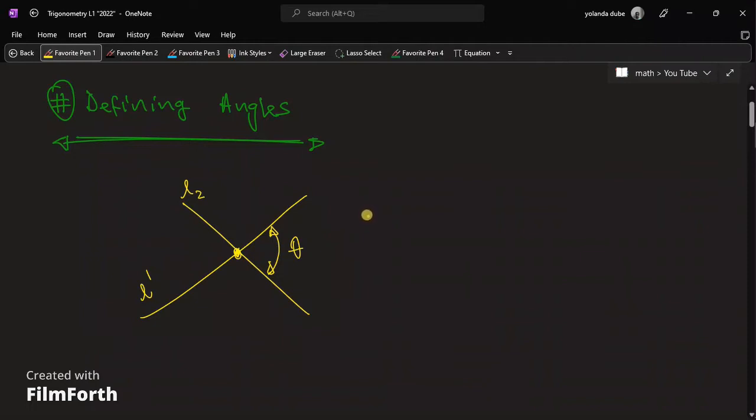I hope everyone is familiar with the mathematical set or the drawing set, which consists of the compass, 15 centimeter ruler, 30-60 set square, 45 set square, and then the divider, and then the protractor. The protractor is a device which has a semicircular shape, and it's labeled with numbers along its circumference. That's the device that we use every time we're interested in measuring this quantity which we refer to as the angle.